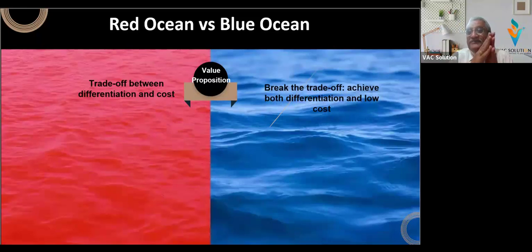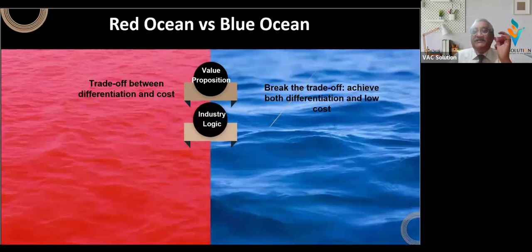You achieve both differentiation as well as low cost. The cost of the product or the services that you're offering will go down. At the same time, the differentiation will go up. Today's session is mainly on value innovation, which is what this particular point signifies. This breaking of the trade-off is what is value innovation, which we are going to see in some detail today.